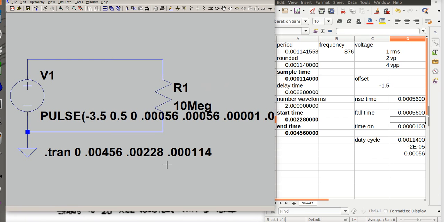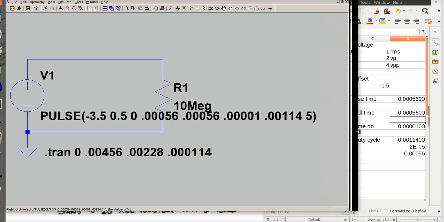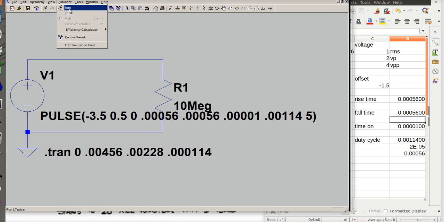Now I click OK. So I have to change my pulse generator to make it look triangular. I have to change my transient analysis. Let's spread this back out. Yeah, let's get back out to the edge because all it's doing is hiding it. And now I can simulate and run.